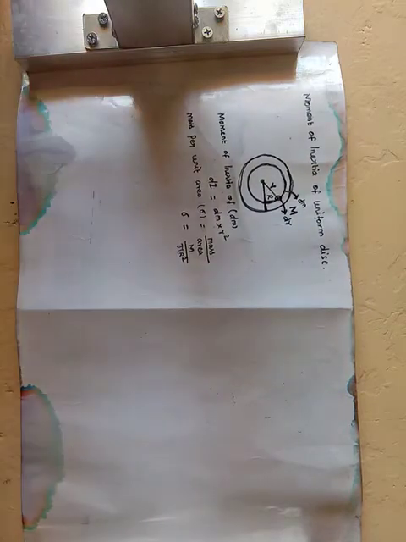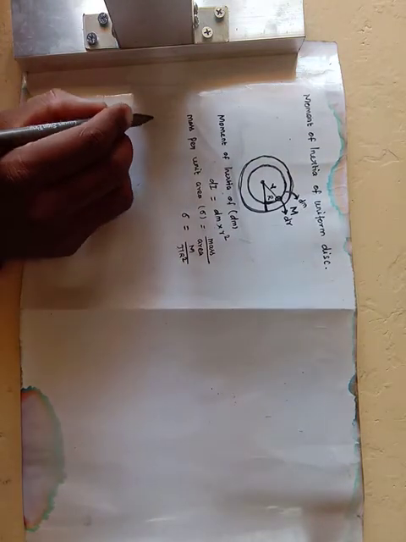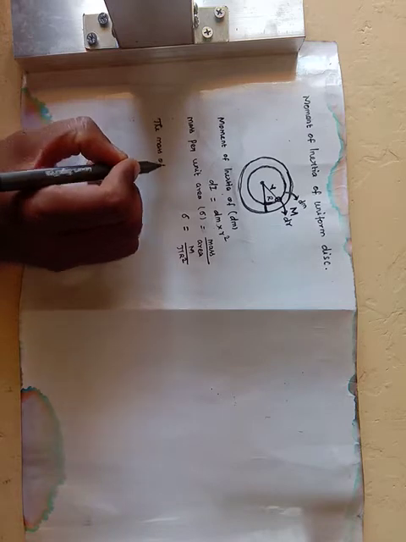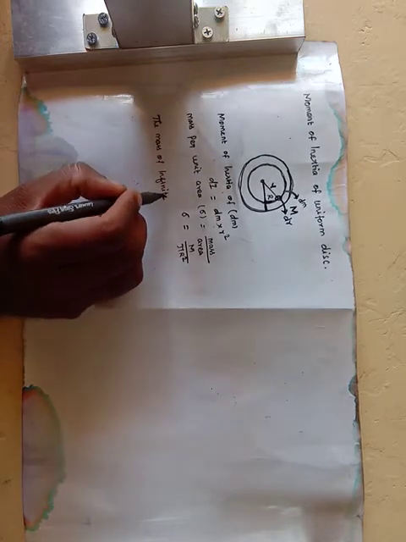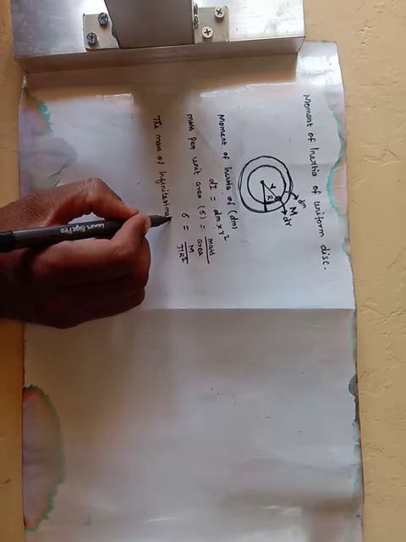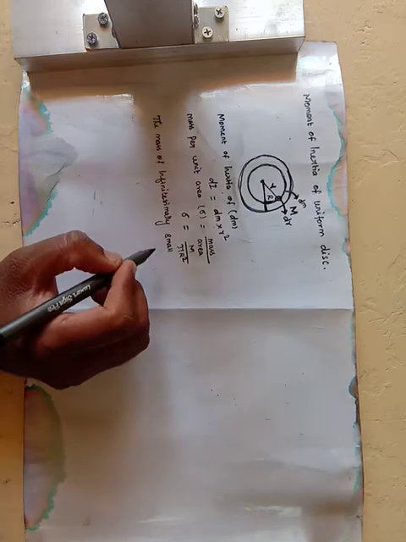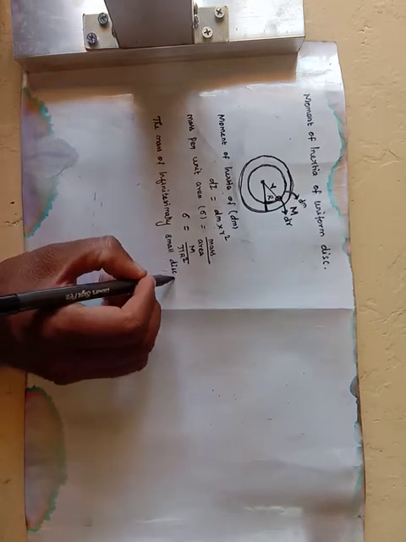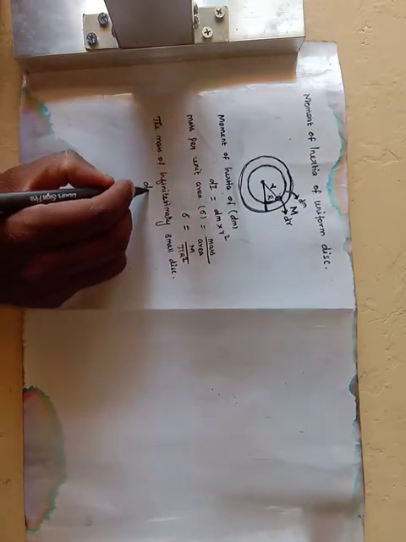Next we take this mass. From the value of M we are going to calculate the value of dm. The mass of the infinitely small disk is denoted by dm.